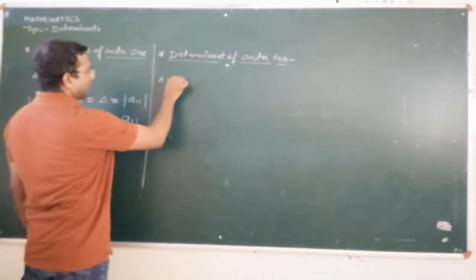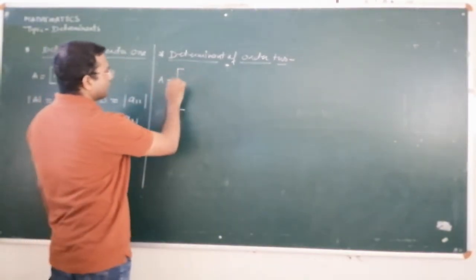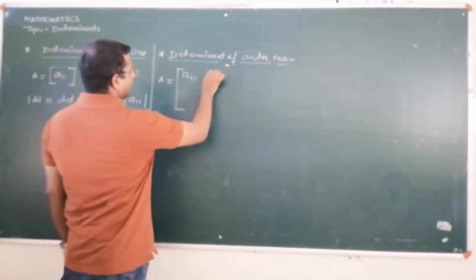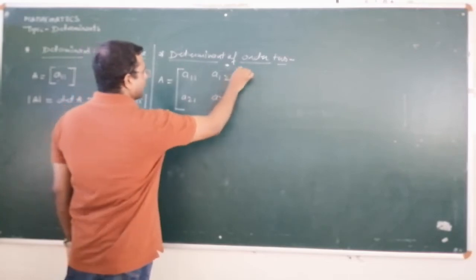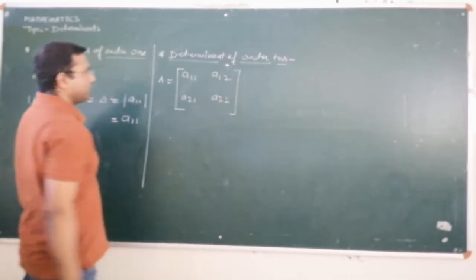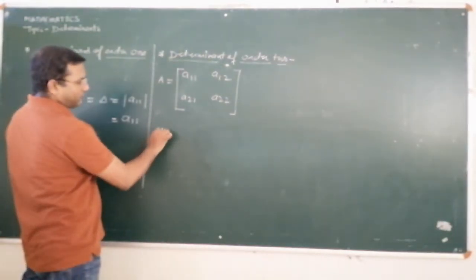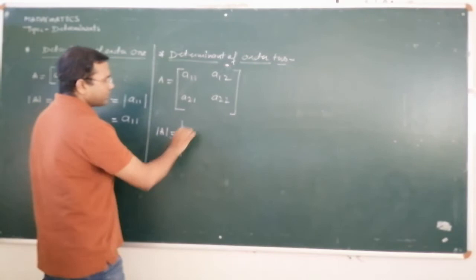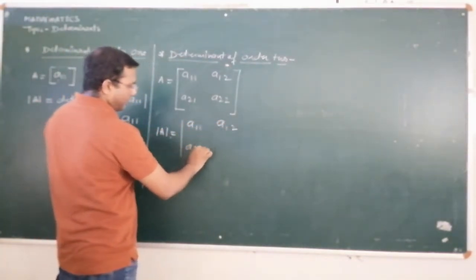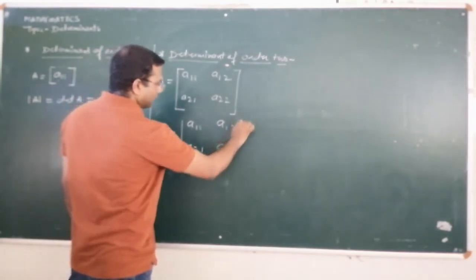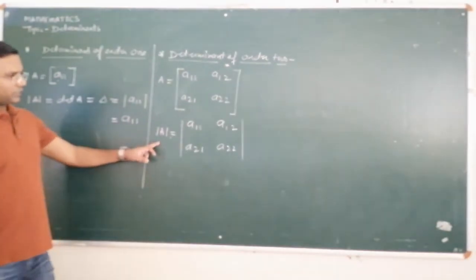Suppose there is a square matrix of order 2, elements are A11, A12, A21, A22. These are the elements of this matrix. Order is 2. So if you want to write the determinant, then we will write elements like A11, A12, A21 and A22. Now we will write the determinant of this matrix in this form.